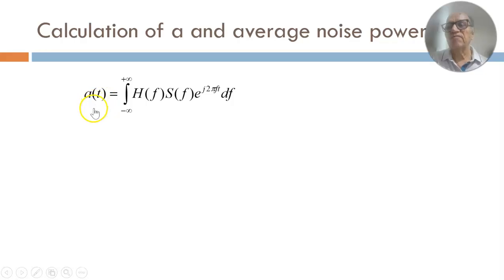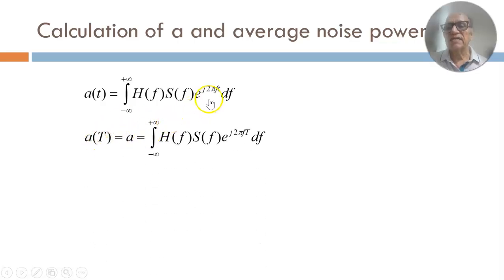a(t) is the Fourier inverse of A(f), and A(f) is H(f) into S(f) as we saw, and this is the definition of the Fourier inverse. So this is the expression for a(t) as a function of t. When you evaluate this, you will get a function of t, and that is your a(t).